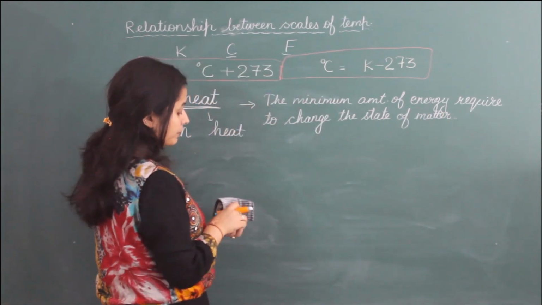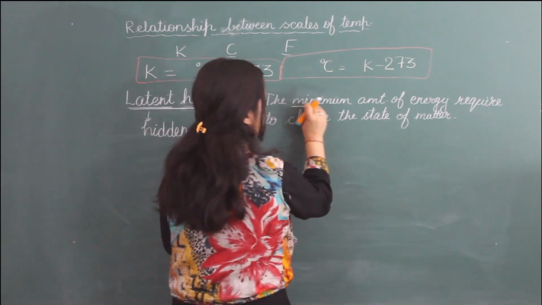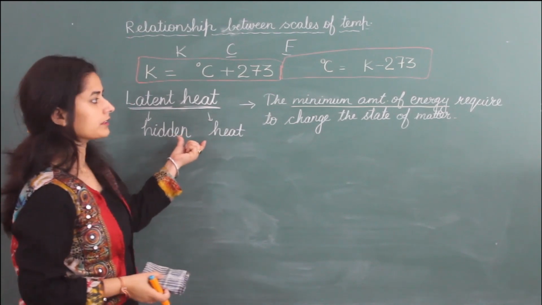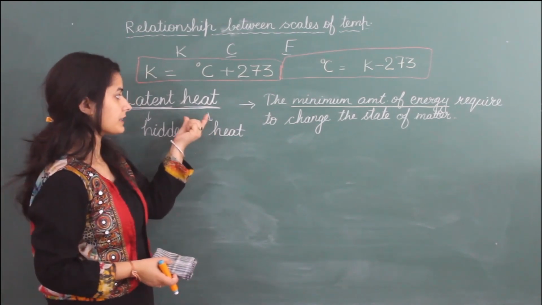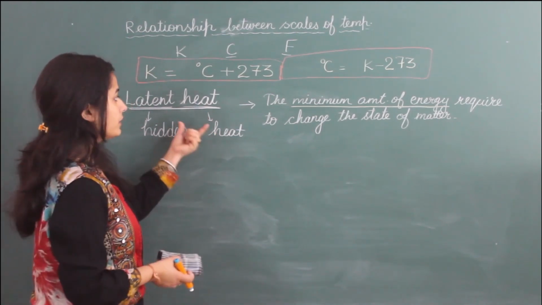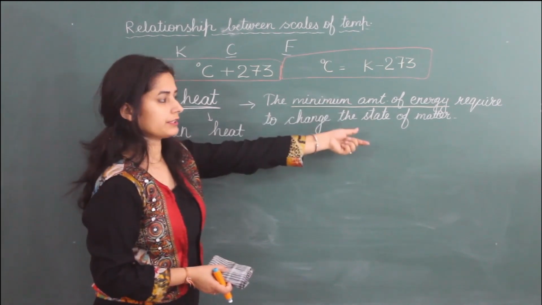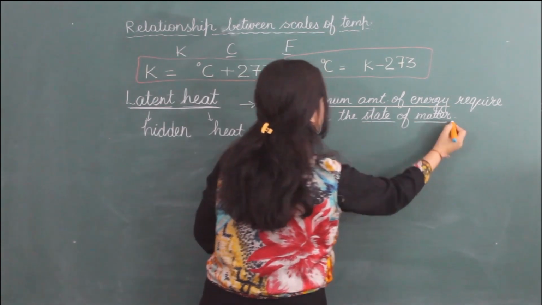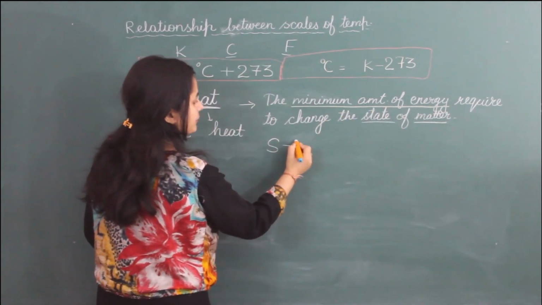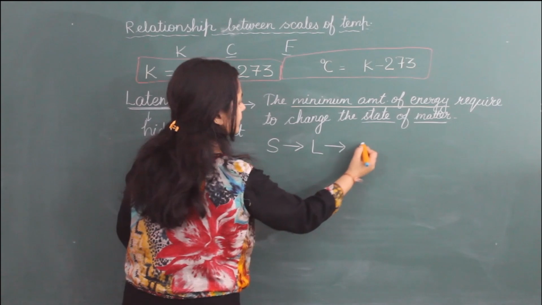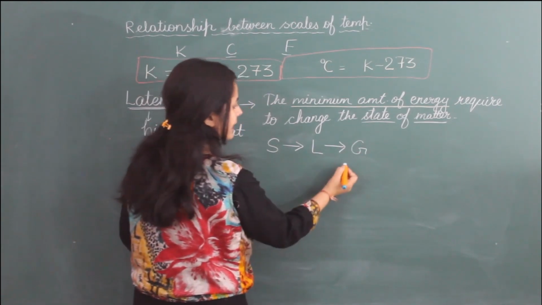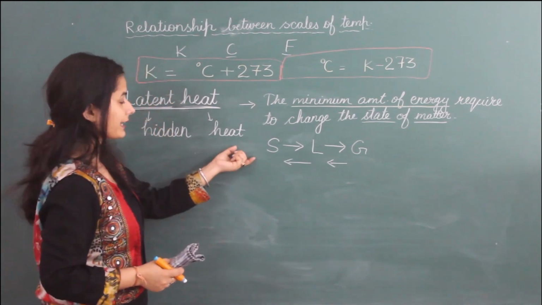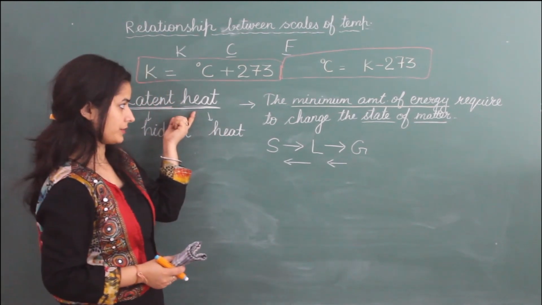Here the minimum amount of energy is important. This energy we are taking in the form of heat, and it is given by temperature. So latent heat is the minimum amount of energy required to change the state of matter. When solid is converted into liquid and liquid into gas, or gas is converted into liquid and liquid into solid, at that time latent heat is involved.